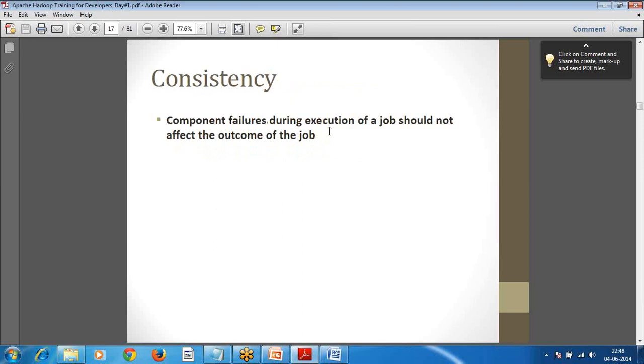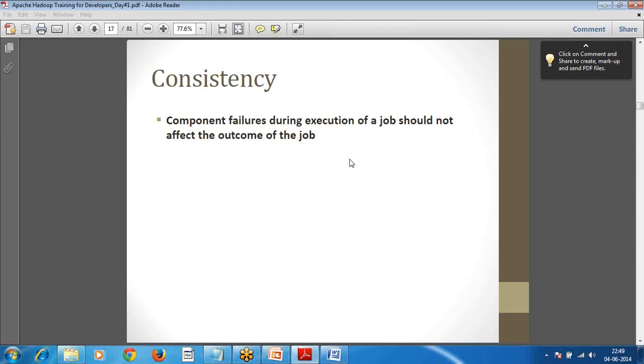Next up is consistency. For a particular job which is running, individual component failures shouldn't affect the overall execution of the job.